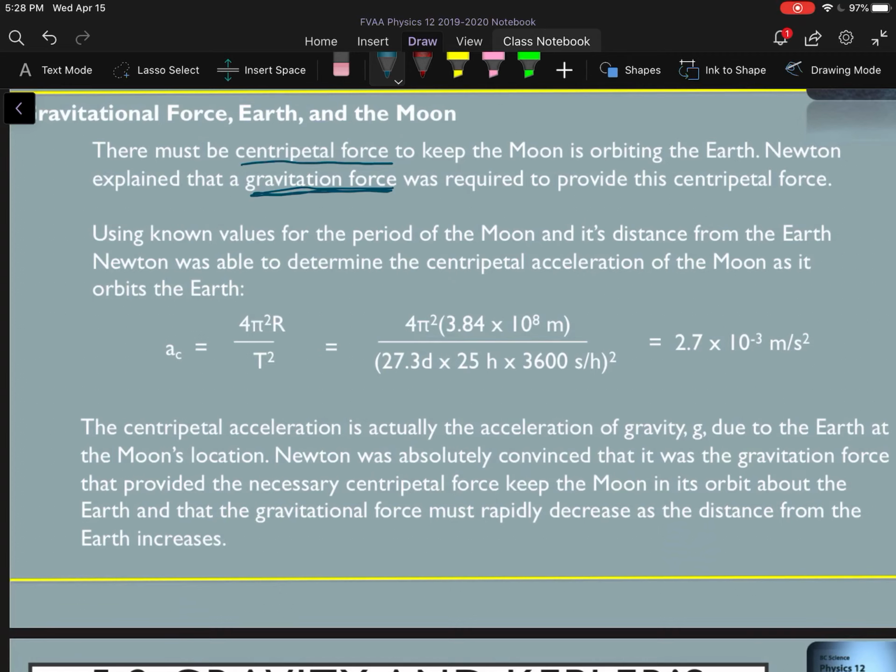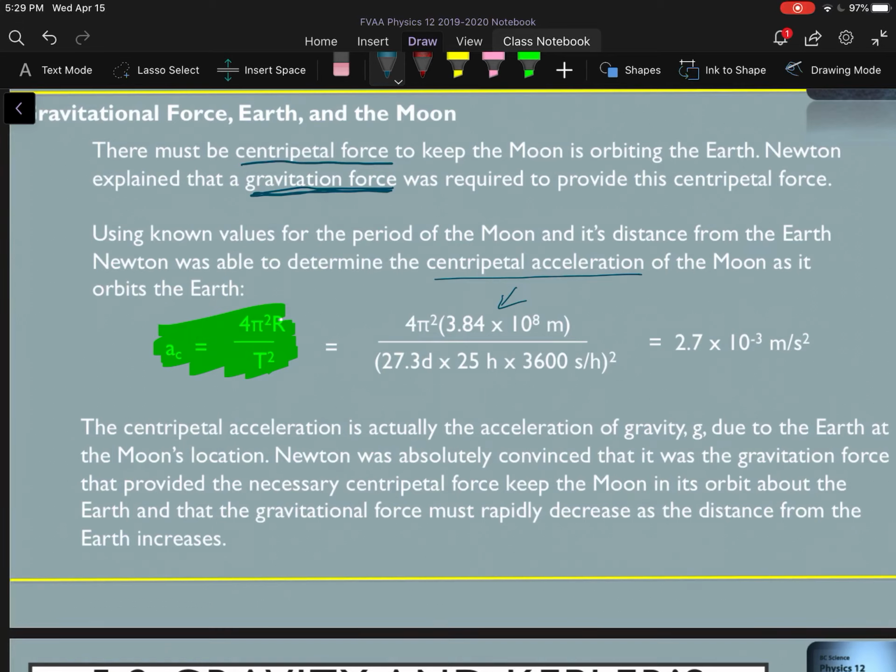Using known values for the period of the moon and its distance from the Earth, Newton was able to determine the centripetal acceleration of the moon as it orbits around the Earth. So, using this formula, which should be familiar to you guys by now, and knowing the distance that the moon is from the Earth, and then the period of the moon around the Earth.